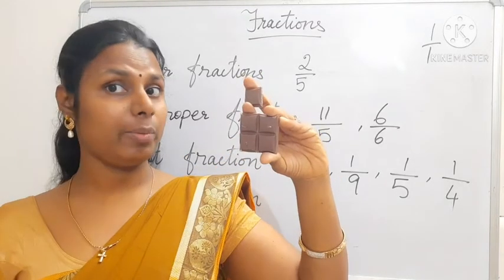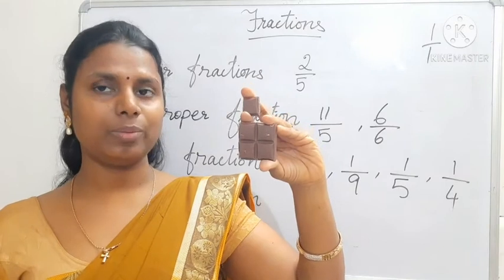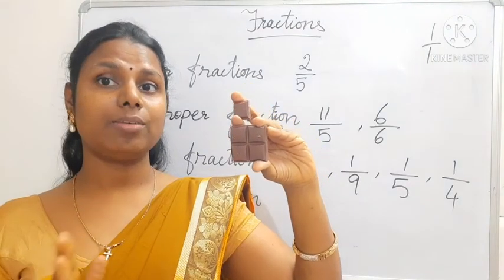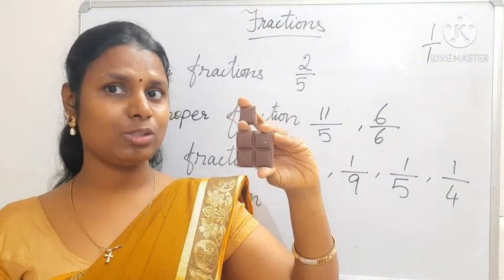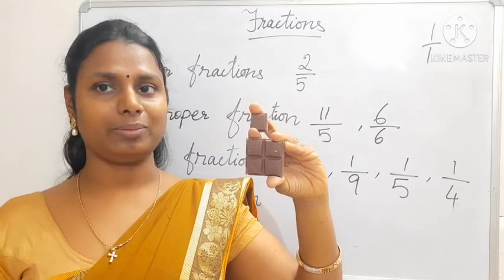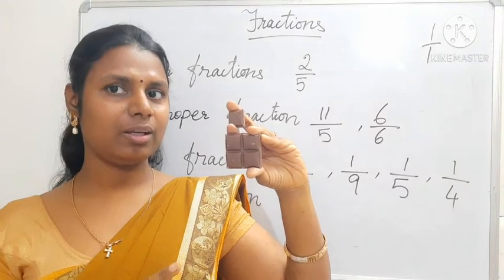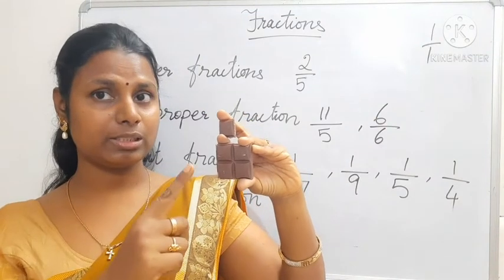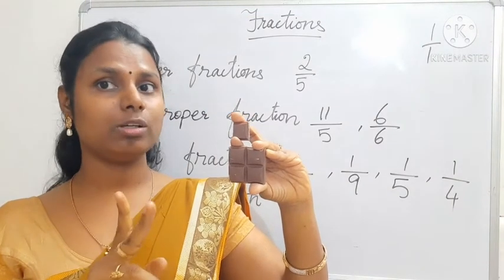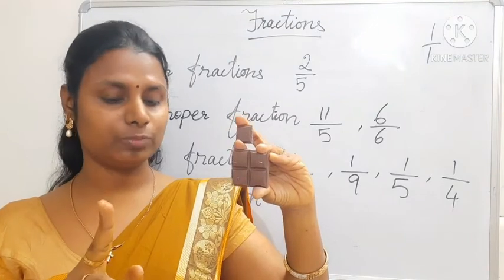I have 5 pieces of chocolate. Okay. I am going to divide these chocolate pieces equally for 2 children. That must be equal. Okay.